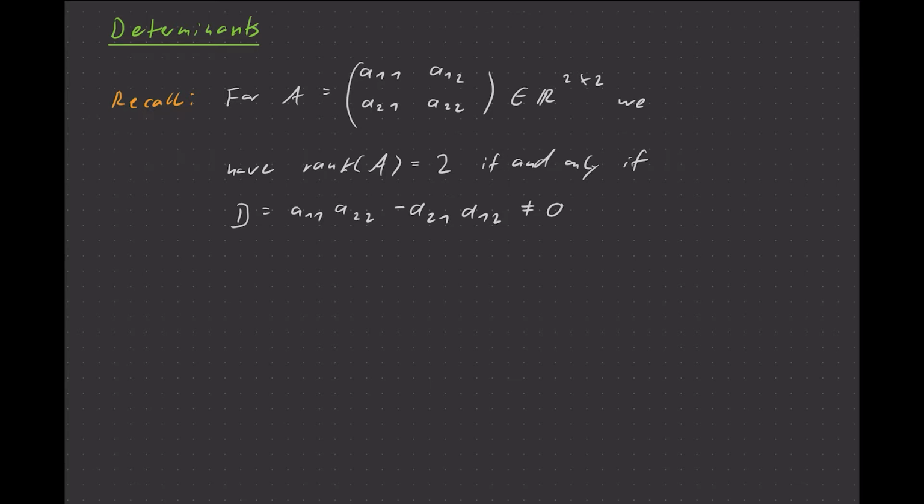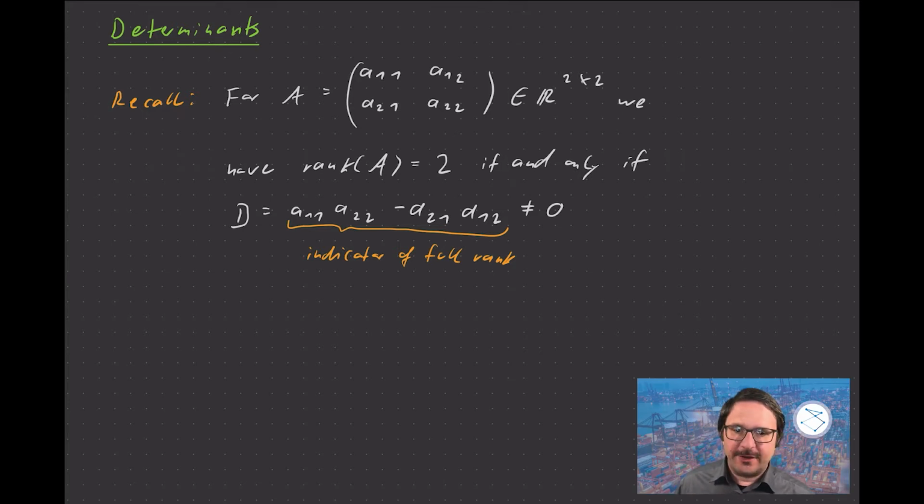So you could say this D here is an indicator of full rank of our matrix A. And this is basically the role that the determinant will play. And it will turn out that this precise expression here is actually the determinant of a 2x2 matrix. We'll first define the determinant in a little more general framework, and then we'll apply that to 2x2 matrices and also to an example of a larger size.